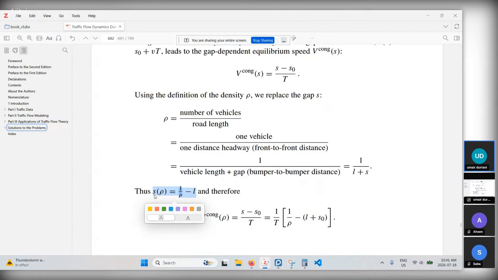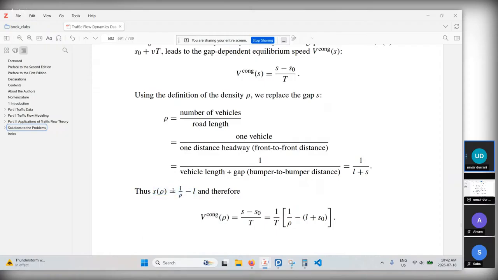So based on that, we can estimate the distance gap. Remember, this is distance gap, not the distance headway. Distance headway has a notation of di. So di is 1 over rho, minus the length of the vehicle, we get s, which is the distance gap.